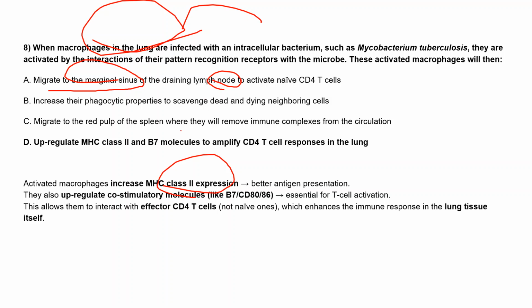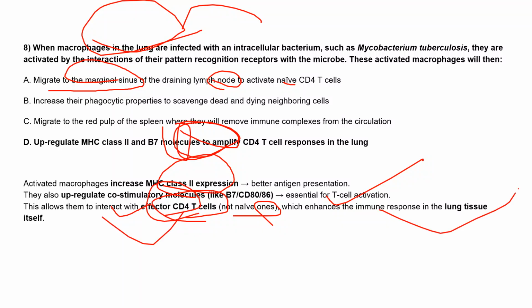Further, they will also amplify the B7 signals, CD80 and CD86, which are essential for T cell activation. And they will interact with the effector CD4 T cells, not the naive T cells, which enhances the immune response in lung tissues, because this is an intracellular infection. So it will not activate the naive T cells.